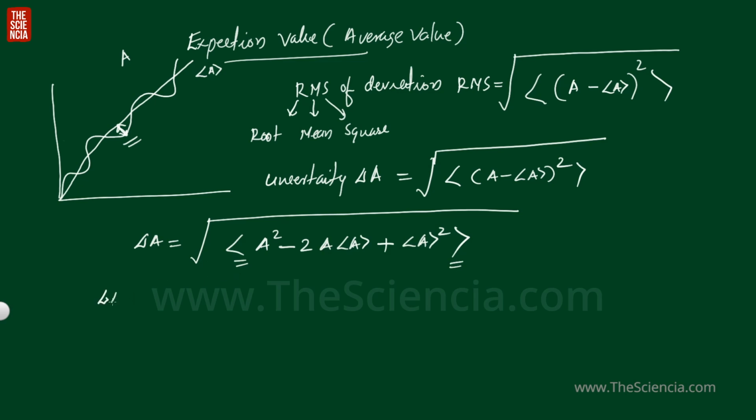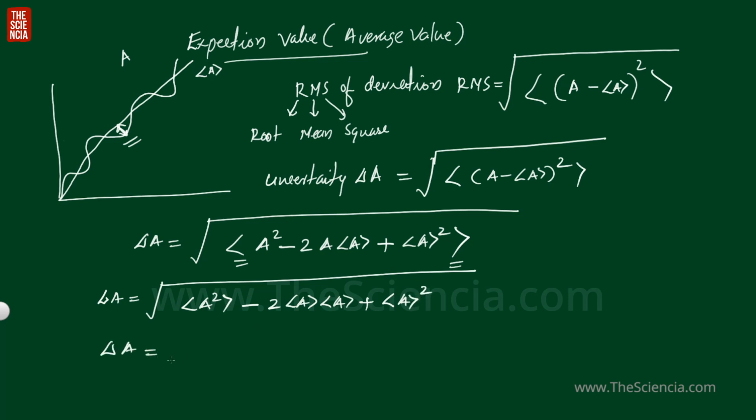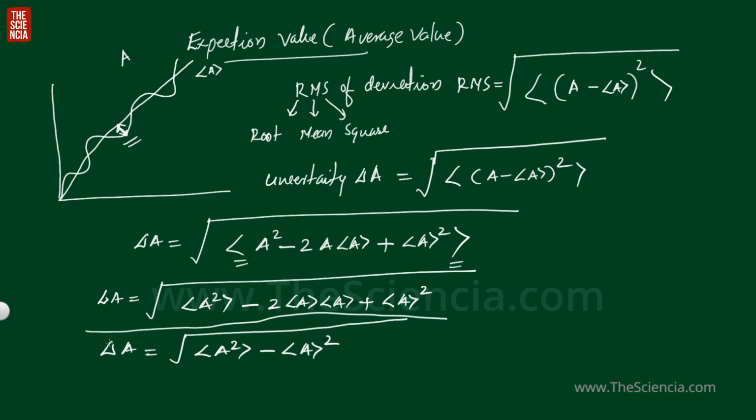So delta A is equal to the root of average of A square minus 2 average of A into average of A plus average of A all square. That is what we get. We get delta A is equal to the root of average of A square minus average A all square. This is the expression for uncertainty in a quantity.